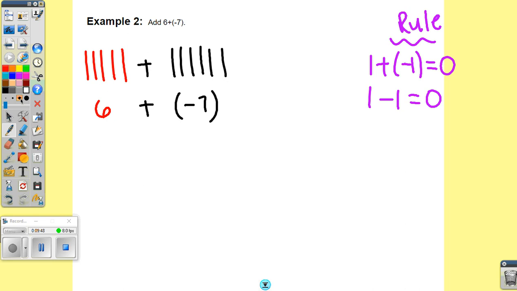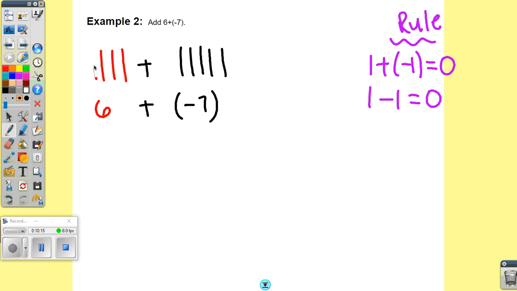So you have to keep canceling out until you're left with only 1 color. So either your popsicle sticks that remain are all red or they're all black. So we're not done with this problem because we still have some red and some black that are left on our table. So I'm going to keep picking away. So I'm going to get rid of one more red and one more black. Okay? And again, there's still more to cancel out, so keep going.